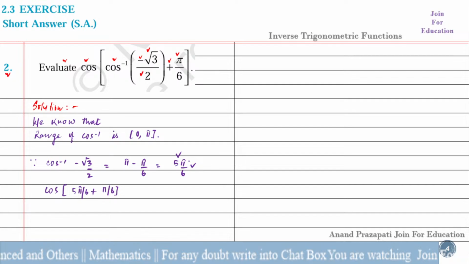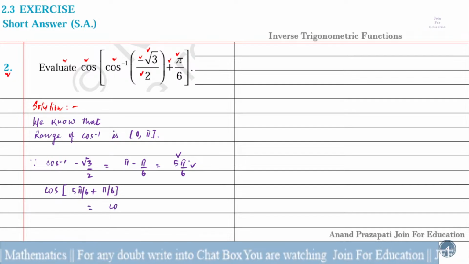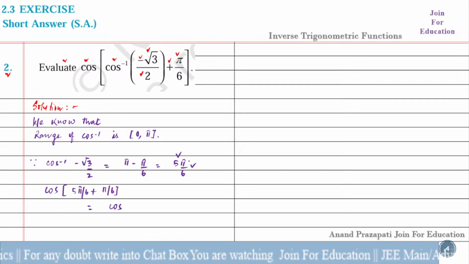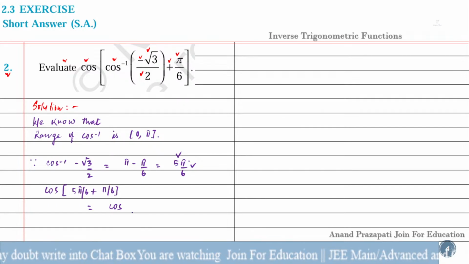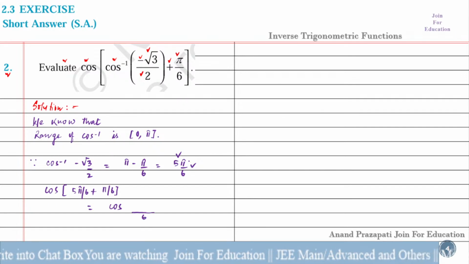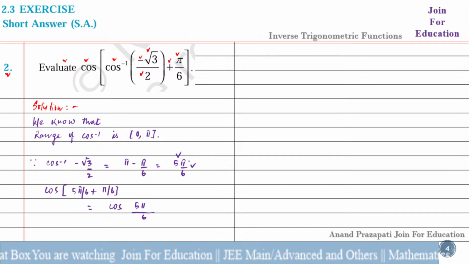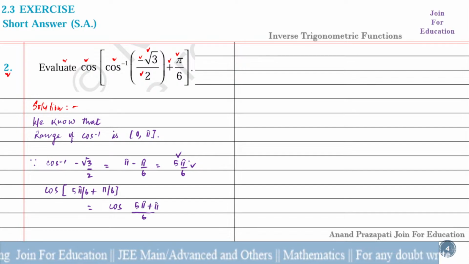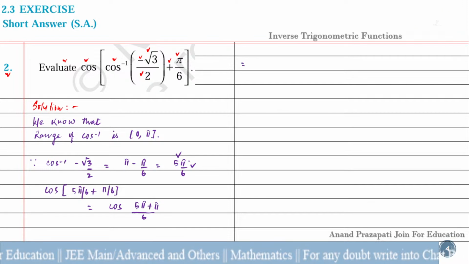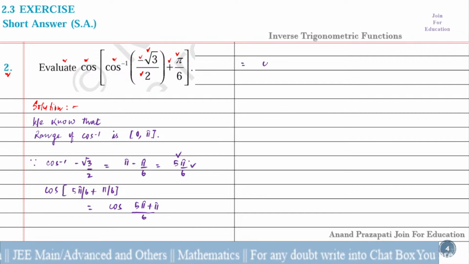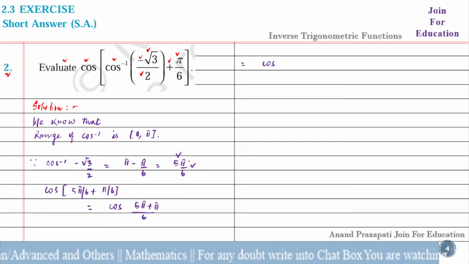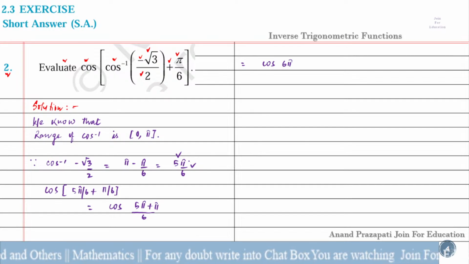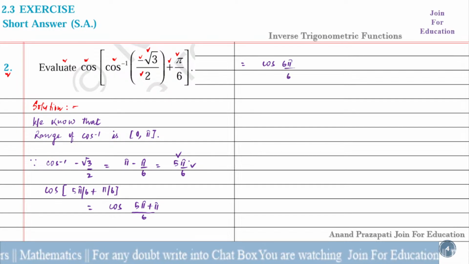Next step, cos of LCM 6, 5 pi plus pi, equal to cos 6 pi by 6.